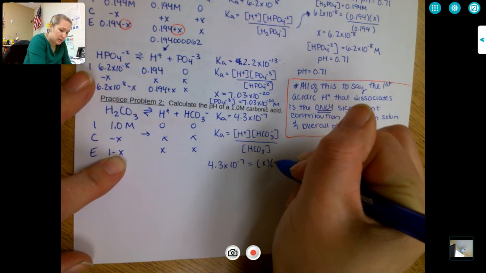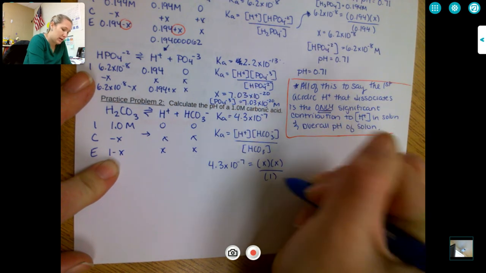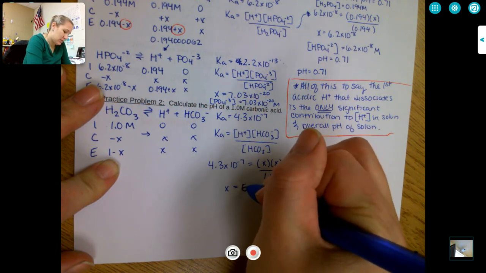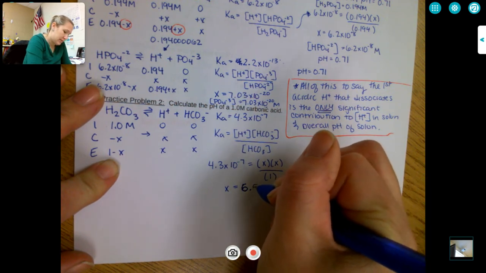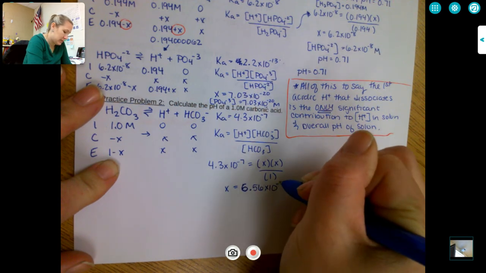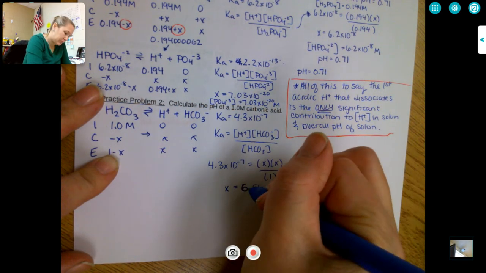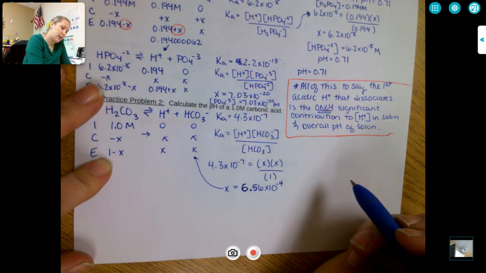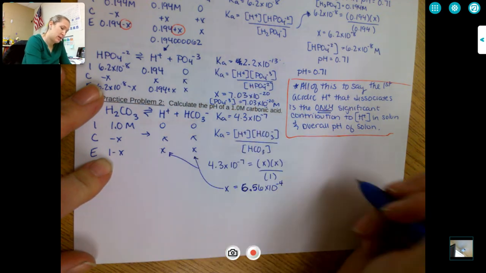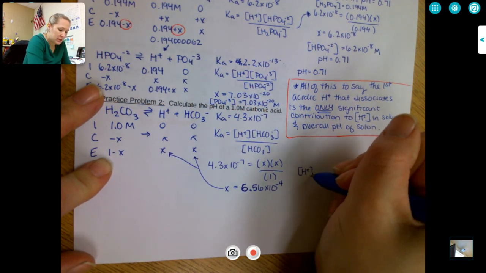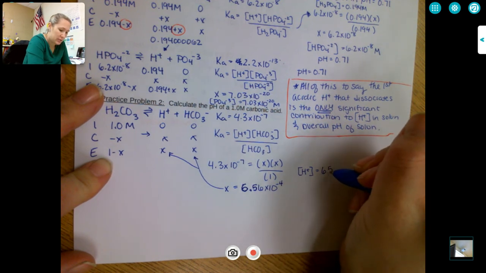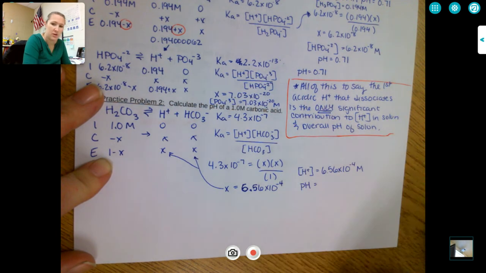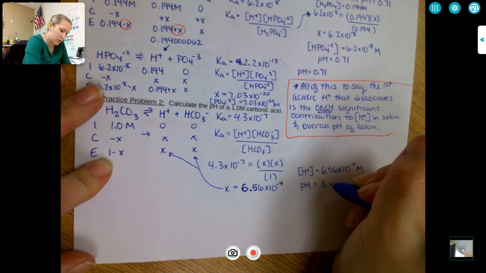H plus is X, and X, so I get X squared, and then 1 on the bottom, which means when I do all my solving, I find that my X is equal to 6.56 times 10 to the negative 4. And that is equal to my HCO3 concentration and my H plus. So my hydrogen ion concentration is 6.56 times 10 to the negative 4 molar. When I take the negative log of that, I get a pH equal to 3.18.